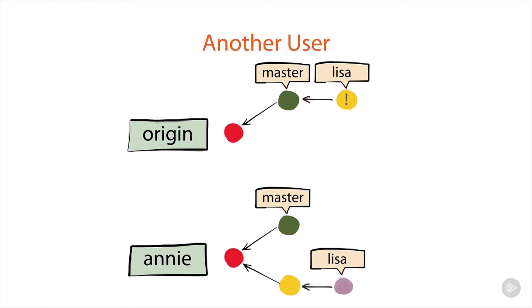So now Annie has a pretty nasty conflict to sort out the next time she synchronizes with origin. She needs to understand what happened first, and then to solve the conflicts, even though she didn't cause the conflicts herself. There are good chances that even after solving the conflicts, she will end up with a confusing history that includes both yellow commits, even though they look exactly the same.